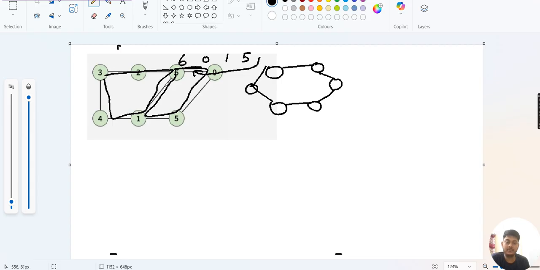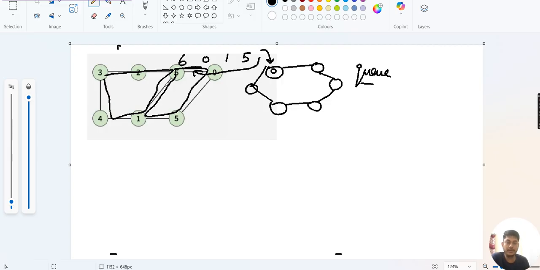For that, we can start from any node. Like we start from this zeroth node, and we will use a queue data structure. In the queue, we will keep on pushing the elements which are neighbors of the current vertex.